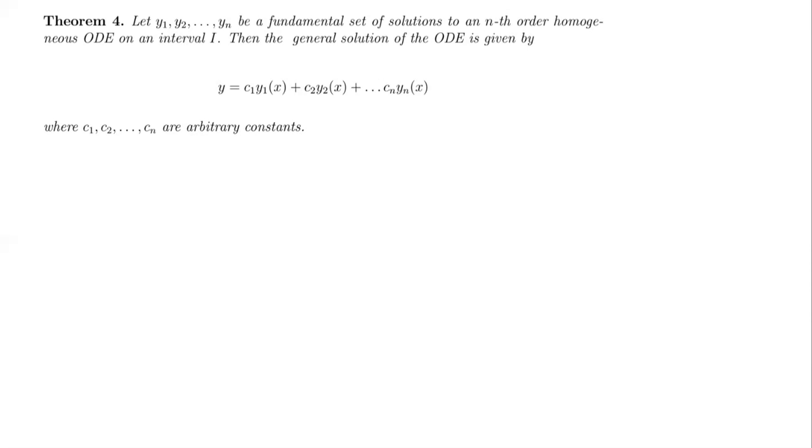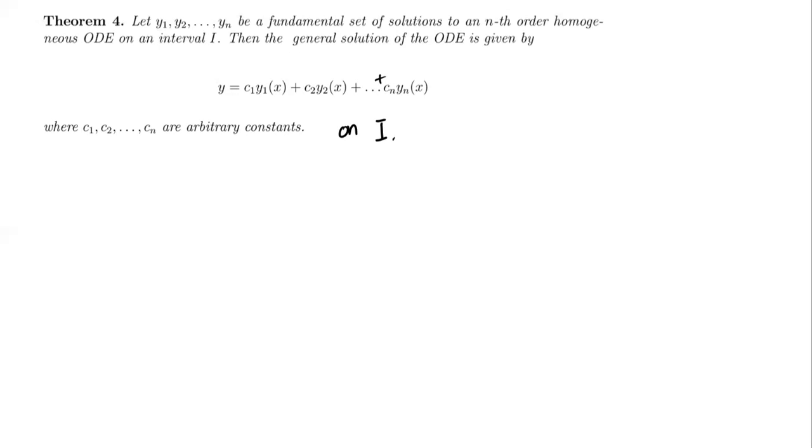Right? So y equals c1 y1 plus c2 y2 plus up to cn yn. Where the c sub i's we know are arbitrary, right? By definition of what a linear combination is, right? We usually take them arbitrary. We can take them to be specific, but in this case, they can be arbitrary. And of course, this is on I, on whatever interval that the functions are linearly independent for to begin with.